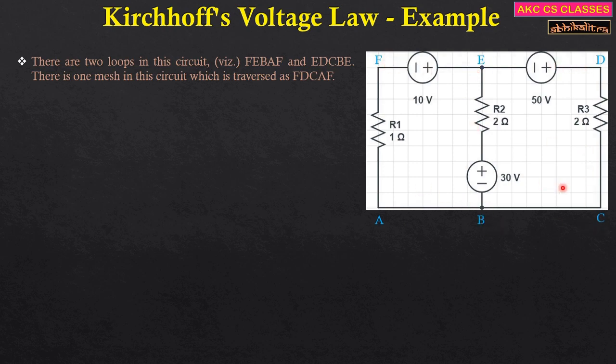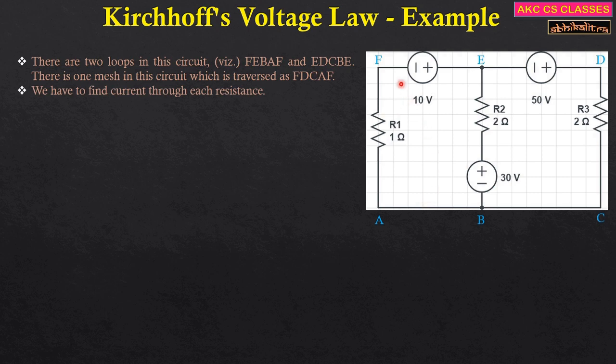These are the two different loops, and there is one mesh, and that is FDCAF. FEBAF will also be the direction of our movement when we consider this particular loop. EDCBE will be the direction of our movement when we consider this loop. So these basically define the direction of our movement as well, right?